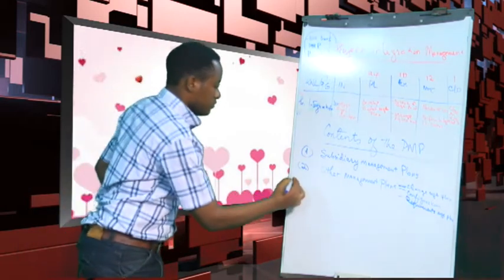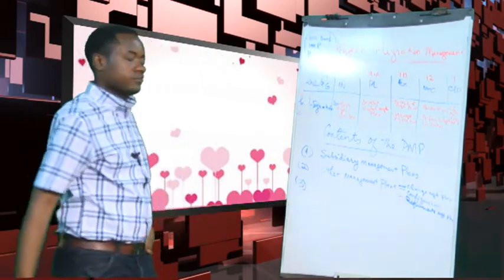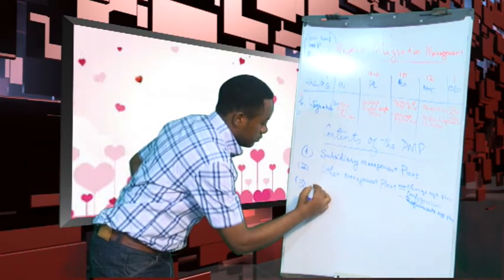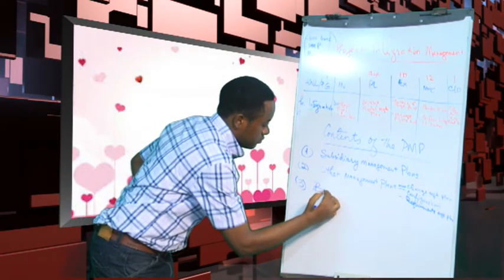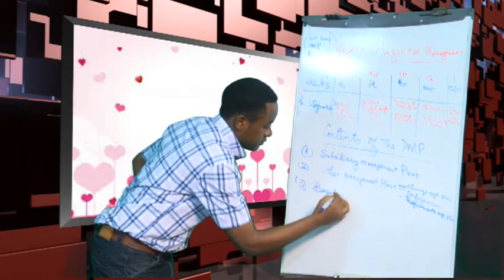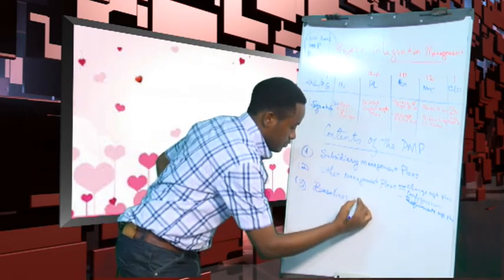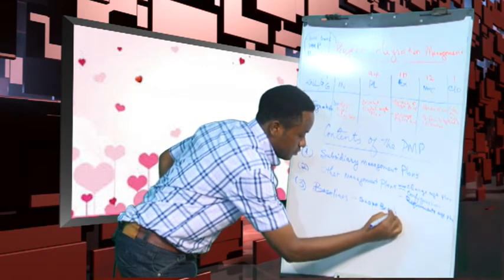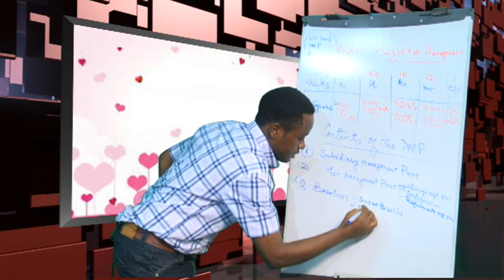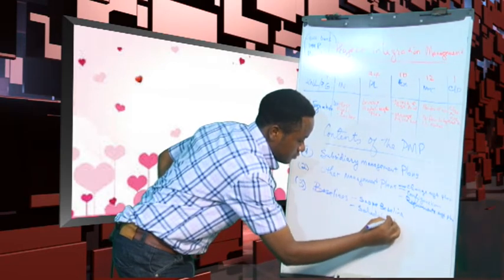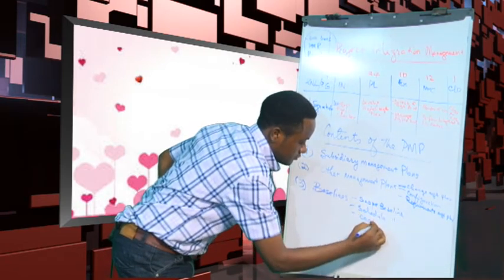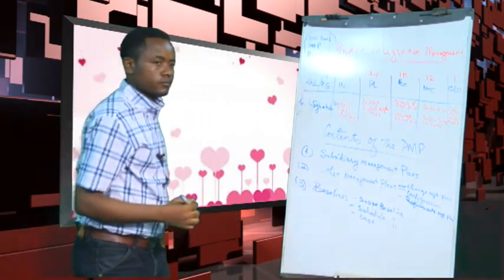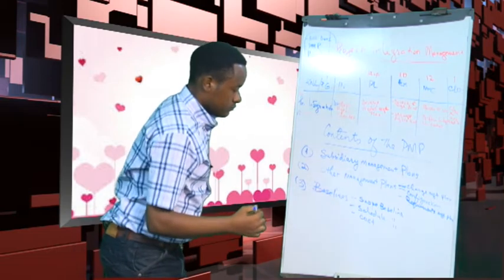Number 3, content: baselines, like scope baseline, schedule baseline, cost baseline.